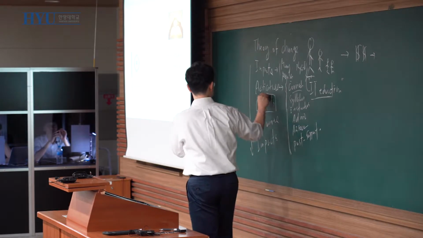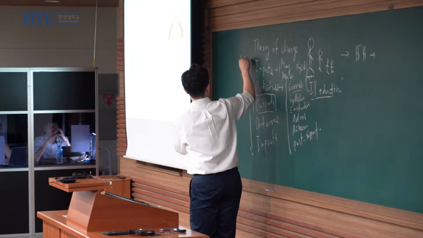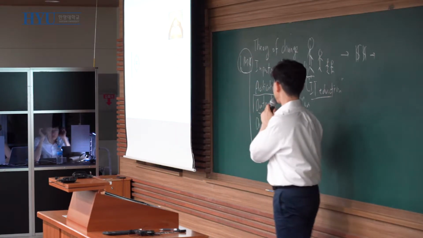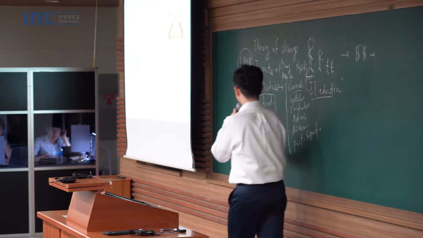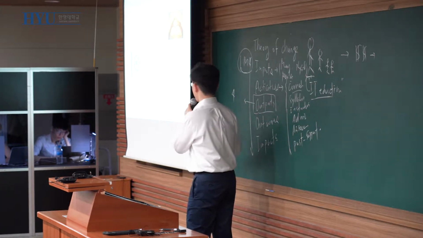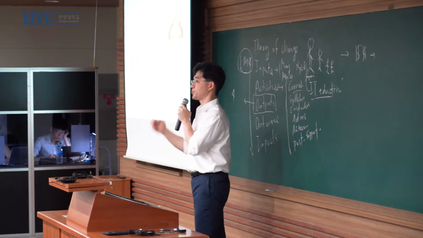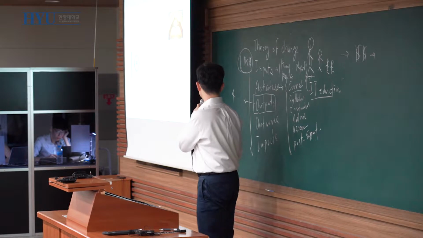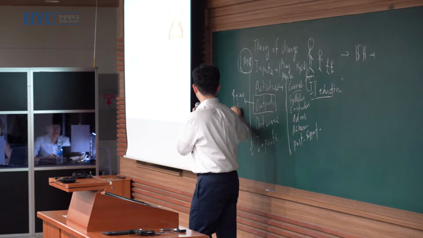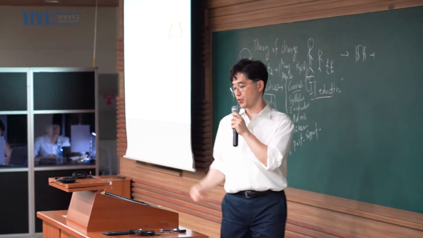Now output. Let's say we got $1 million for this IT education program. For output, for example, we can say we are going to have a training session 4 times per year, spring, summer, fall, and winter, 4 times. And each time you are going to produce 200 people per program.